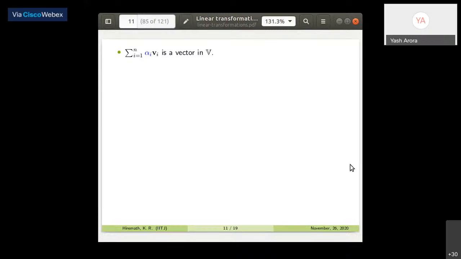And this summation alpha i vi is a vector in V, and this is equal to 0. So if this is equal to 0, what does it mean?